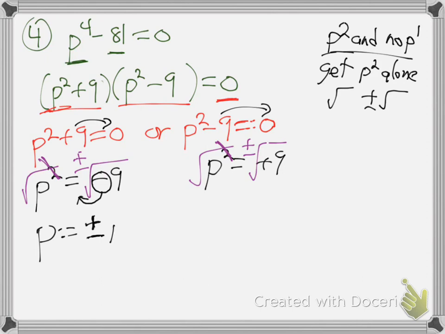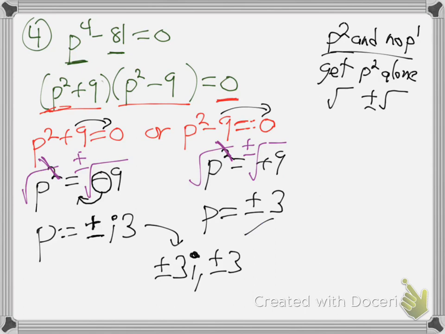Throws out an i, and then the square root of 9 is 3. Same thing over here, plus or minus, but there's no negative in the root, it's just the square root of 9, which is 3. So we get 4 answers. It's plus or minus 3i, and plus or minus normal 3. 4 answers. There we go.